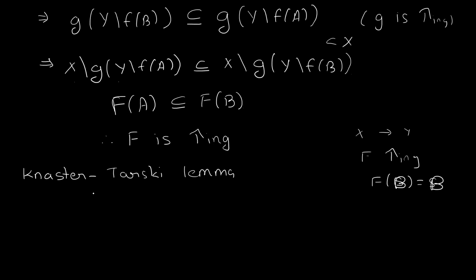So what does it say? There exists a B which is a subset of X such that f of B is equal to B. But what is f of B now?